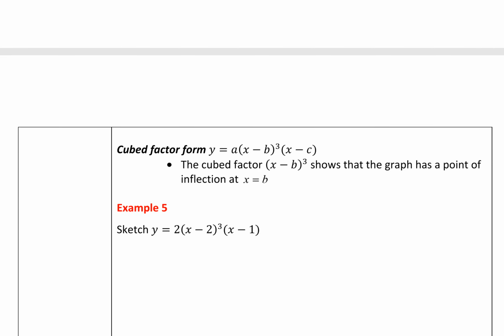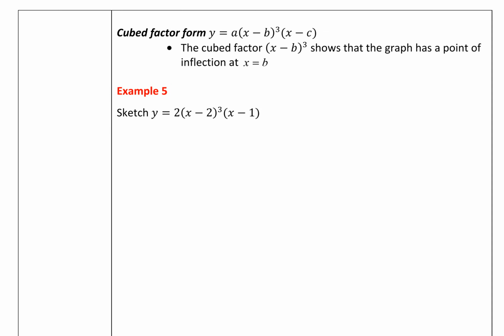The next thing we're going to look at is what happens when one of those linear factors is cubed. Now when we see this, this will be a point of inflection. Now, in order to put that in the context of the whole quartic, the quartic will either have a point of inflection here, so that's my three-peat, or the same positive graph can have the point of inflection there.